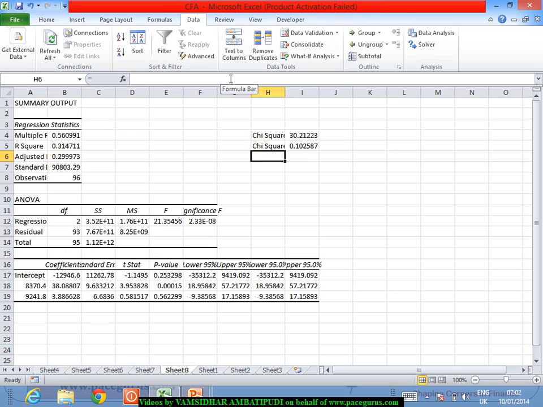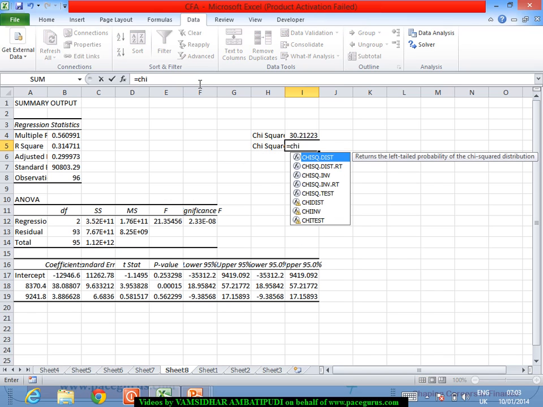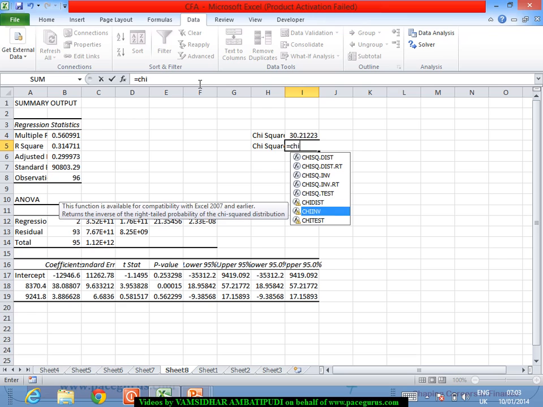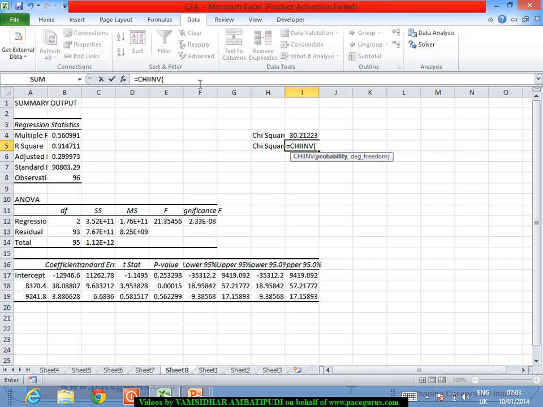Let me just check. Did I take the value correctly? I think I should use this formula if I am not wrong. 5% and 2 degrees of freedom. Yeah, the value is 5.99 for 2 degrees of freedom and 5% level of significance.